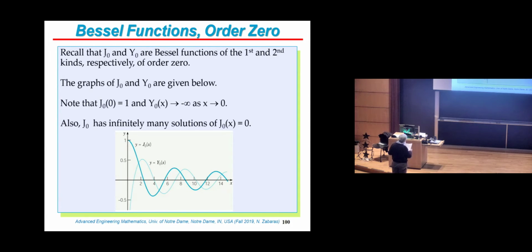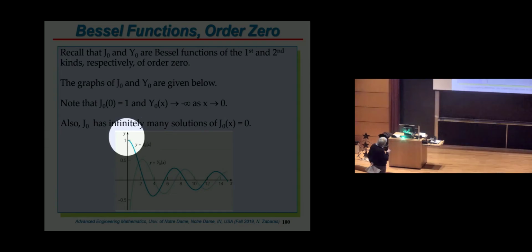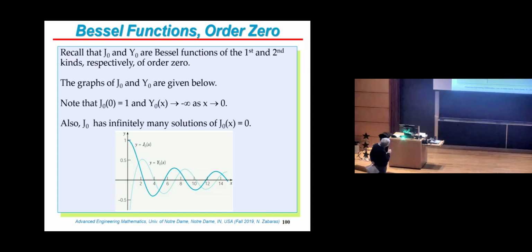All right? So let me, again, do some jumping. And you know what boundary condition I'm going to use? I am only going to say that y at 0 is bounded. I am not going to say anything else. I am not going to say it is equal to 1 or 2. I'm going to say it's bounded. So if the combination that I'm going to use of the two functions is bounded, how will that combination look if I want C1 times J0 and C2 times Y0 to be bounded?